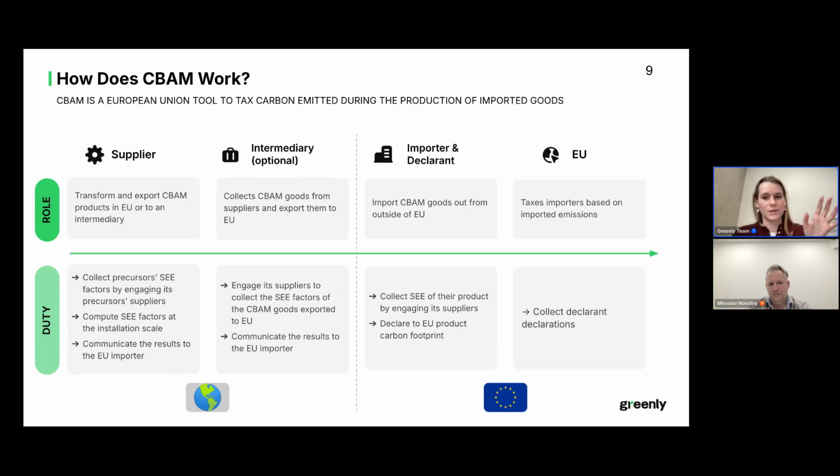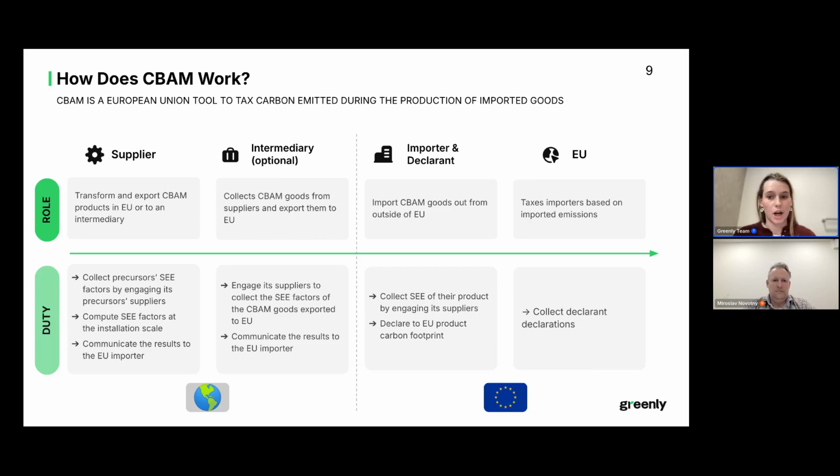So it all starts with the supplier, which is typically a non-European producer of carbon-intensive goods, or themselves are buying carbon-intensive goods and exporting them to Europe. Their role in CBAM compliance includes collecting emissions data from their own suppliers, the precursors. When I say emissions data, you can think about specific embedded emissions, which are scope 1 and 2 emissions of the goods that you're producing.